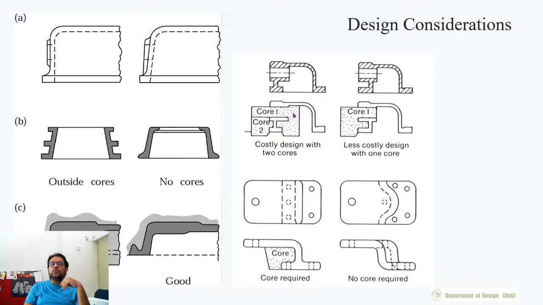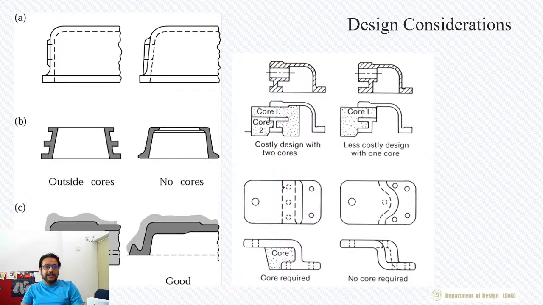Sometimes you would need two cores to have a certain design. If you designed it like this, you need two cores, one which goes like this and one which goes like this, for each of these two undercuts. Rather than that, if I just remove this small part over here, I can make do with one core. So that's the idea.